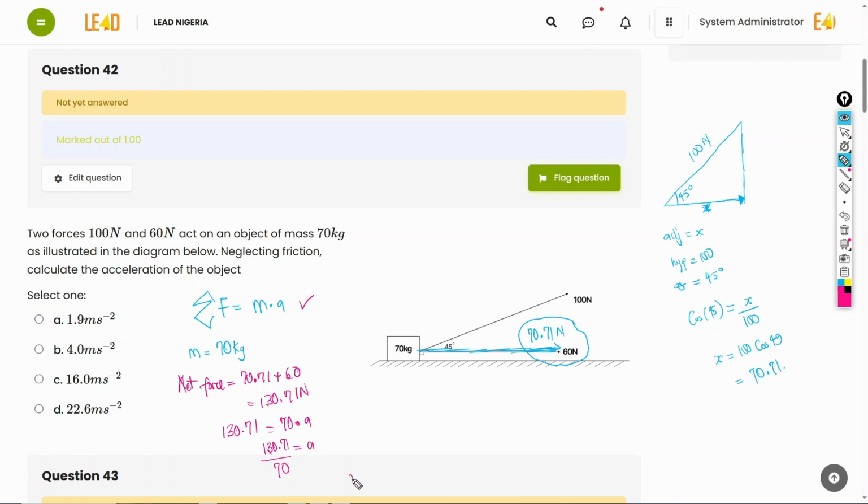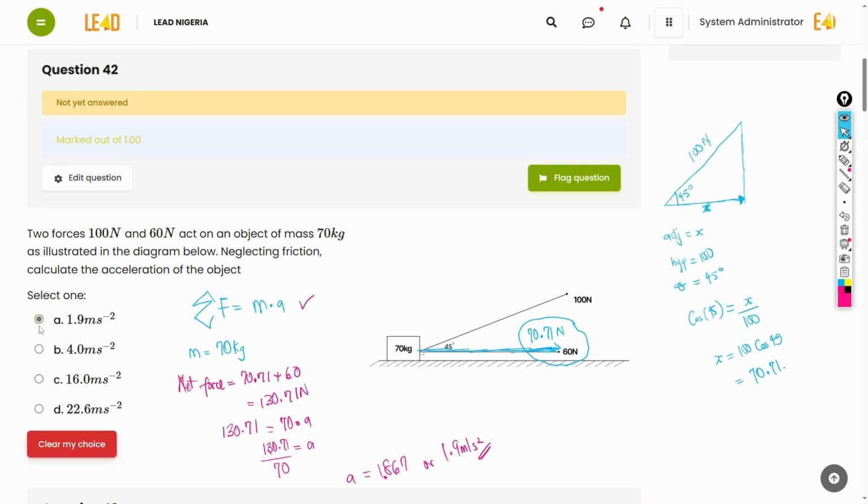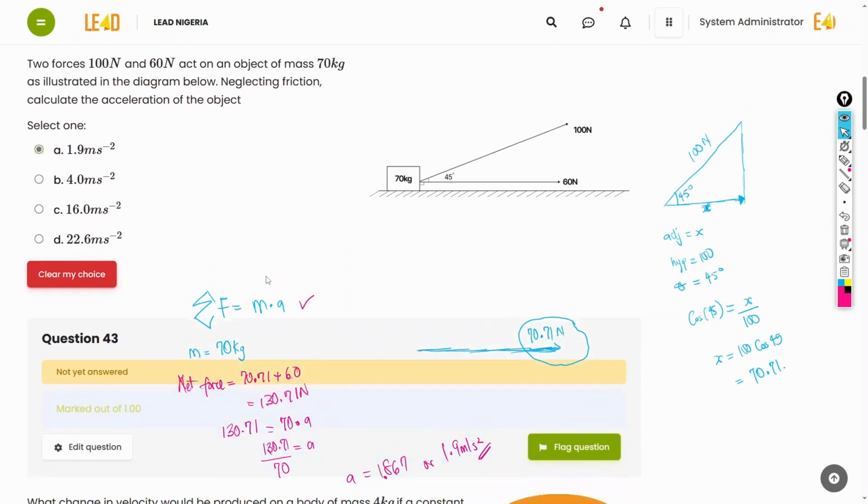That gives me a as 1.867, or 1.9 meters per second squared. That's option A. That's 42.